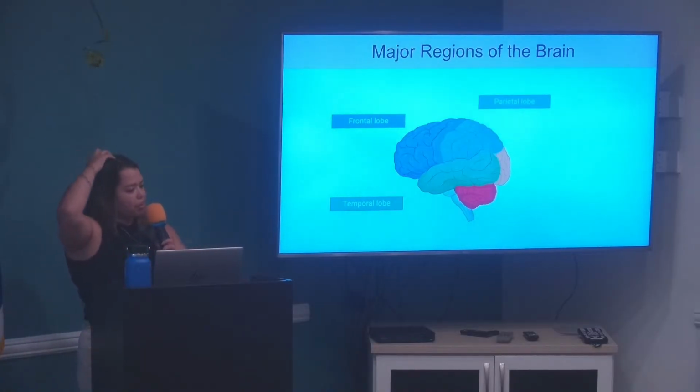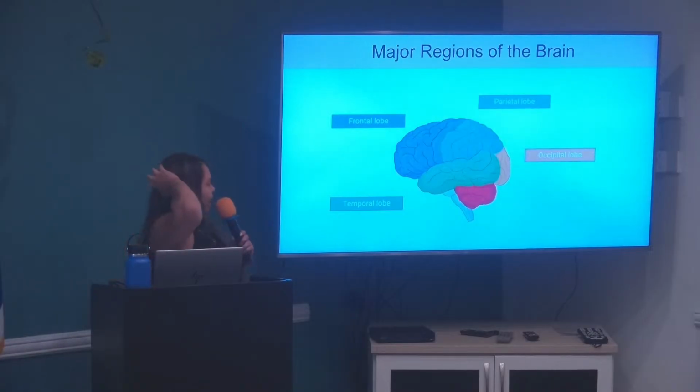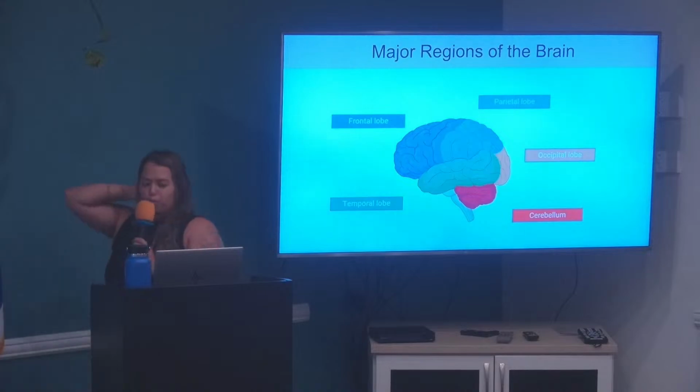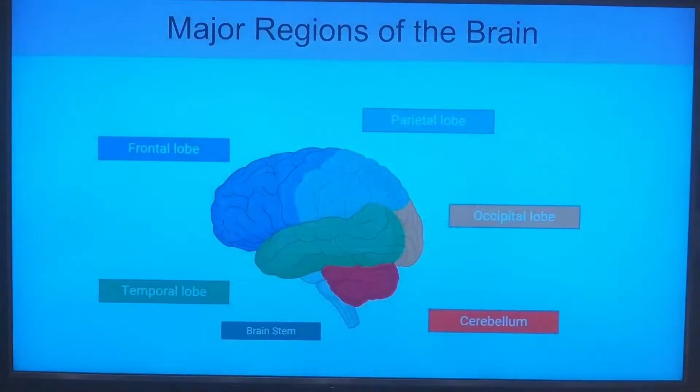Up top is your parietal lobe. In the back of your brain is your occipital lobe. Right underneath that is your cerebellum, and that is our beautiful brain stem to really connect our brain to the rest of our body. I'll go over what each of these do separately. Just wanted to introduce those major regions now.